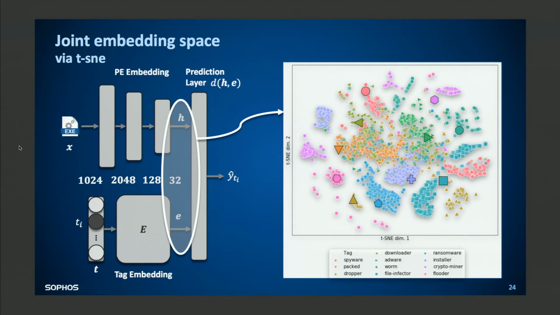The large markers correspond to tags and the small markers correspond to samples. So we see that effectively we are learning a representation space that makes sense and things cluster together. This is 750 different samples that were tagged with only one tag.